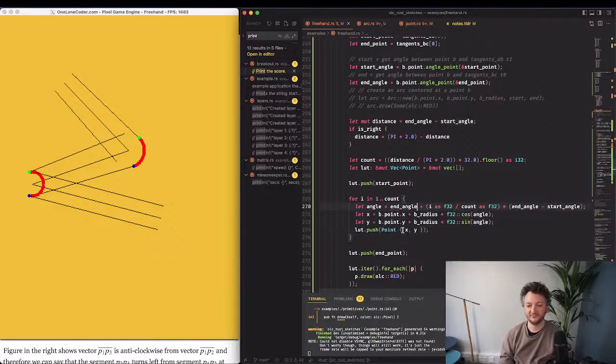What if it's end angle? What happens if I do this? Okay, that's the one that we want, right? But look, it's still like the distance, the length is still wrong.